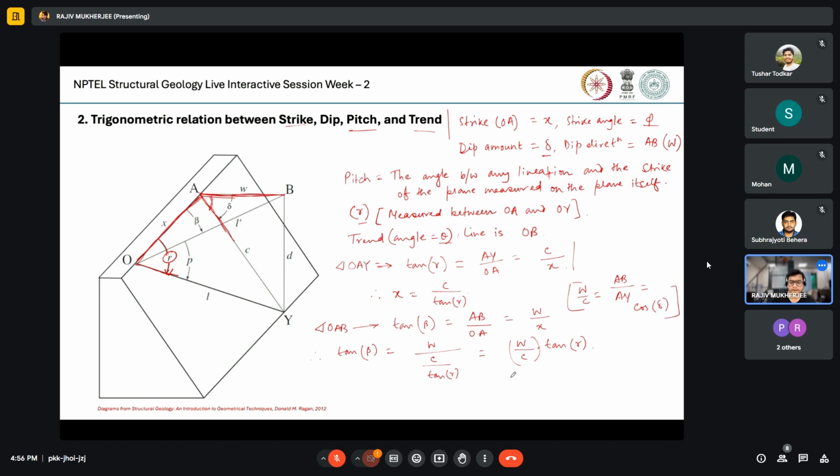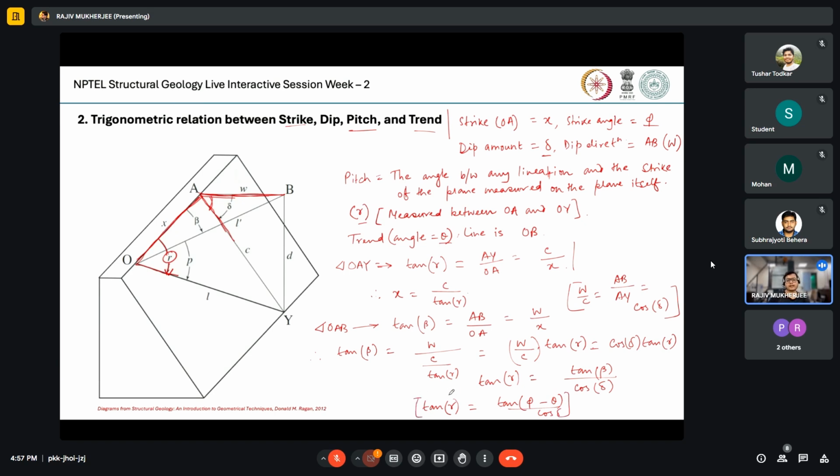So this is cos delta times tan of R. So we can refine the relation as tan of R is equal to tan beta by cos delta, or that means tan of R is equal to tan of pi minus theta divided by cos delta.